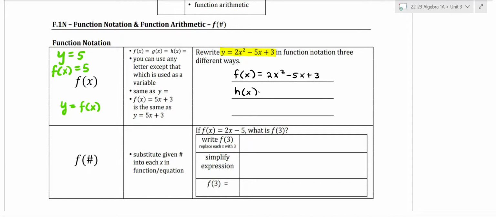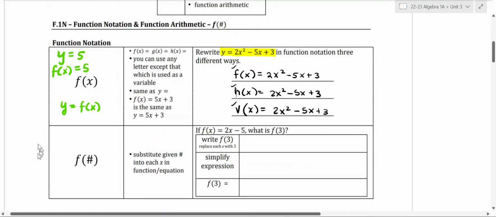H of x can be equal to 2x squared minus 5x plus 3. We can call it v of x is equal to 2x squared minus 5x plus 3. So these are different ways of writing function notation. It's all about how you define this variable.